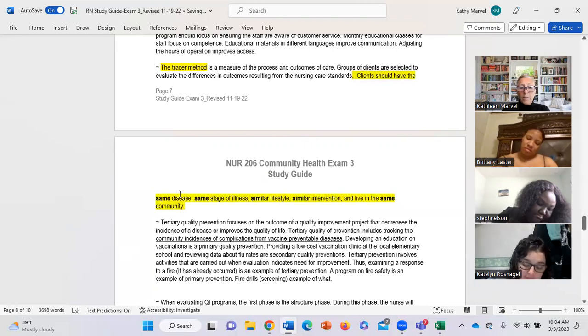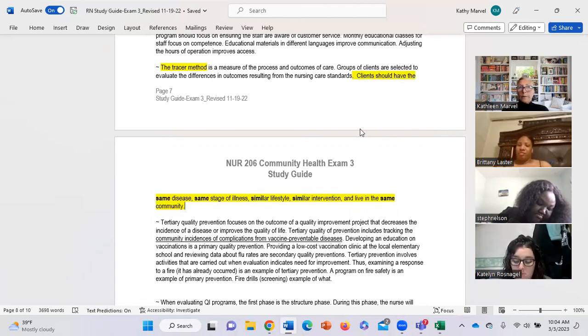You have to have the same disease, same stage of illness, similar lifestyle, similar intervention, and live in the same community. Okay, so that's continuous quality improvement. That's part of a continuous quality improvement program.